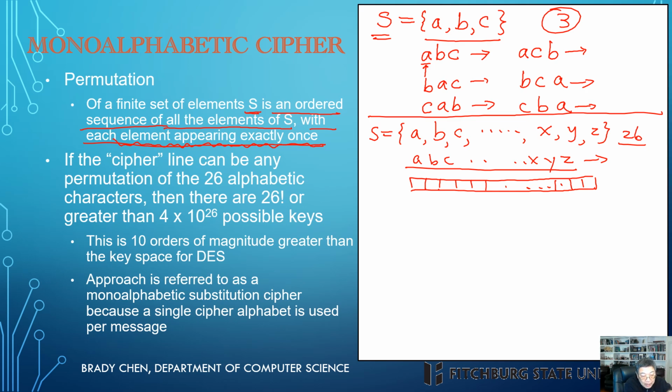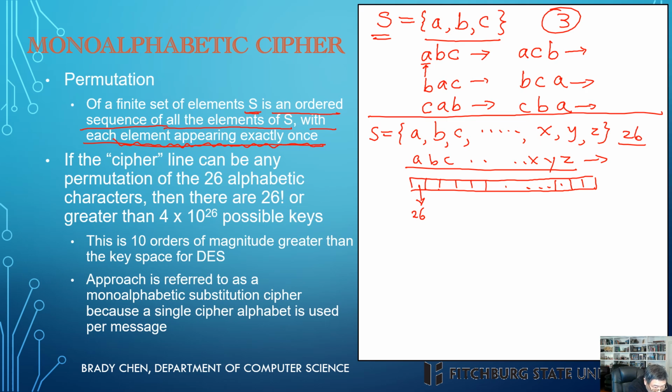We can definitely put an A, a B, C, D, or X, Y, Z, right? How many different letters can we place in the first position? That's 26.